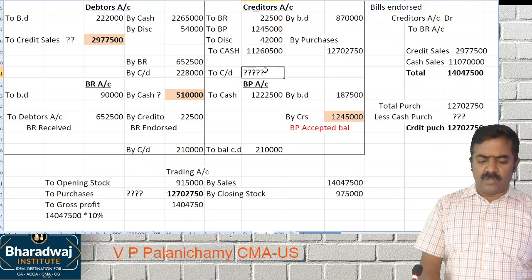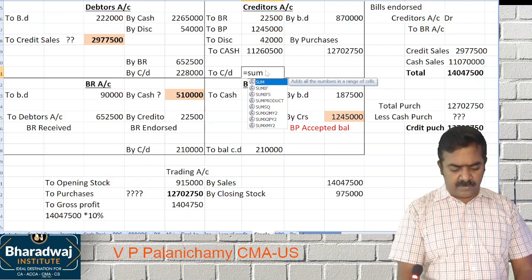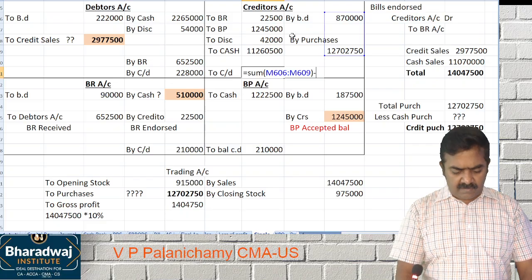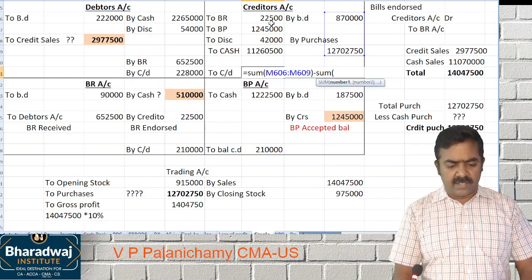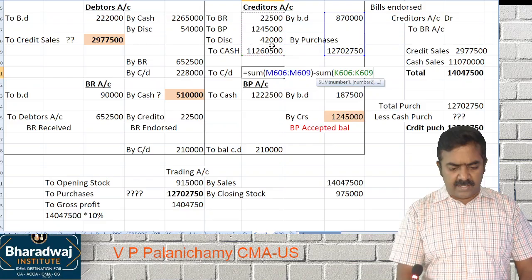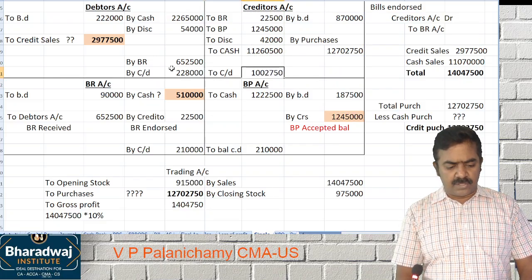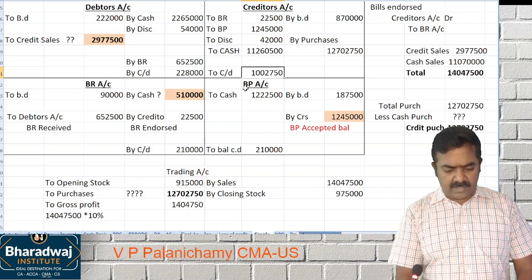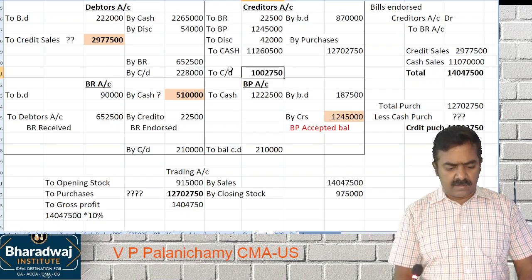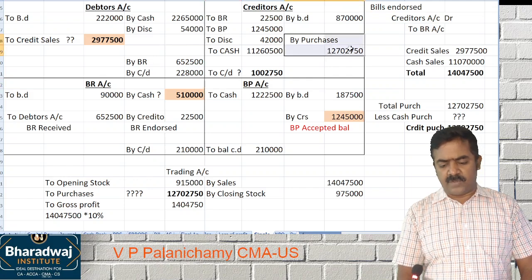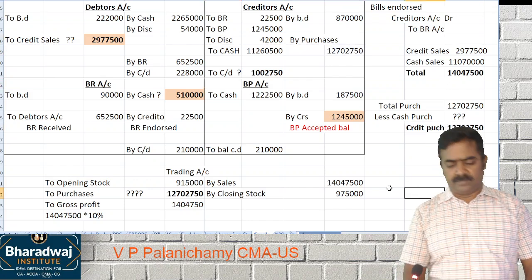Now tally this, you will get creditors' closing balance as a balancing. Since cash purchase is not given, automatically the balancing figure becomes credit purchase. So the balance carry down becomes a balancing, by purchases we worked out.